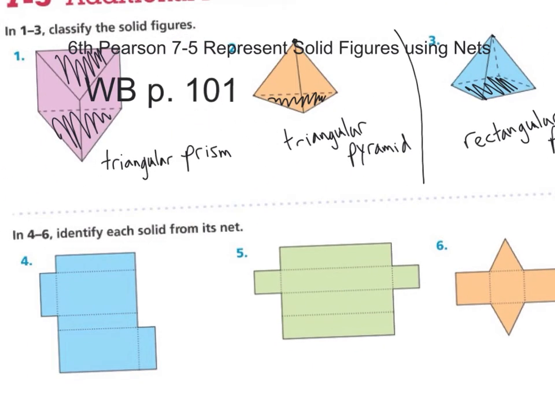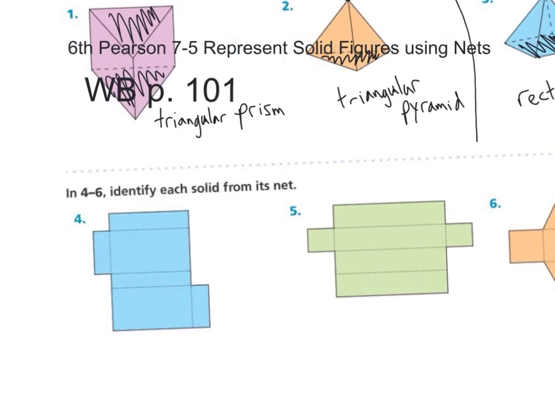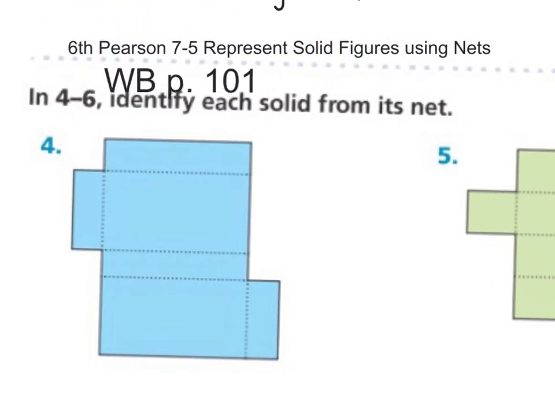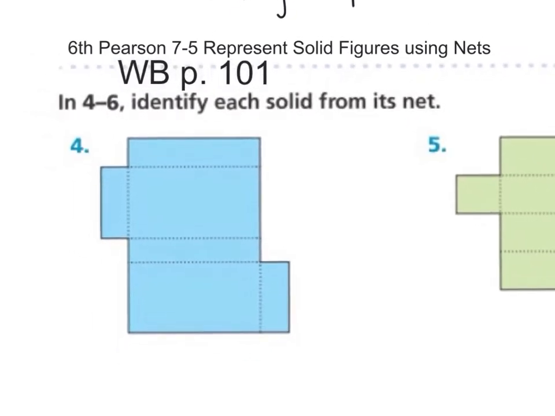On the next questions, we are trying to identify the solid from its net. So if you can imagine taking this and constructing it into a three-dimensional shape. Number 4, if you can visualize this. One thing to note is there are no triangles here.